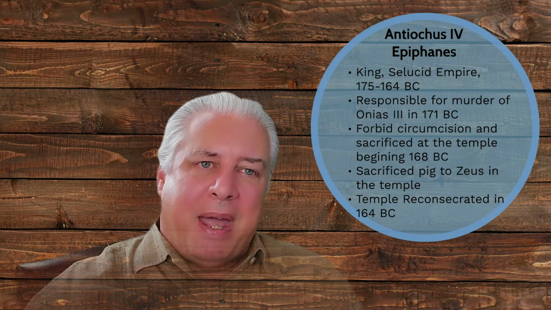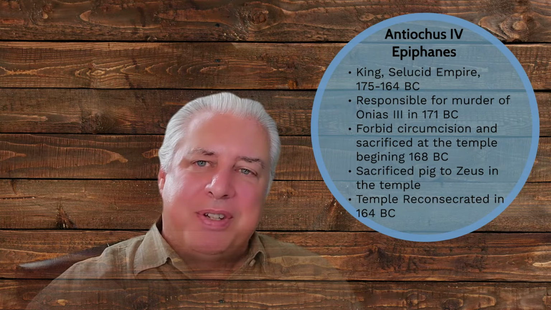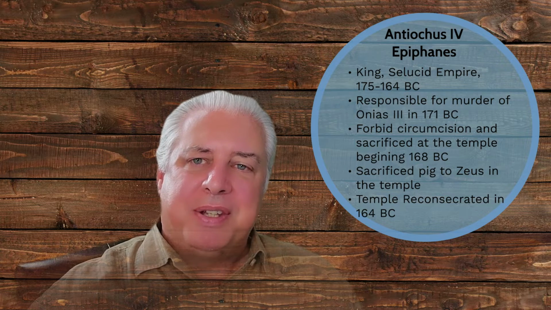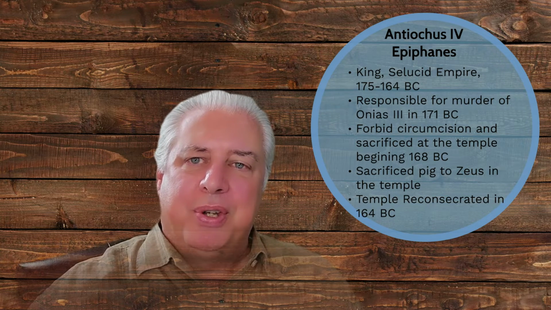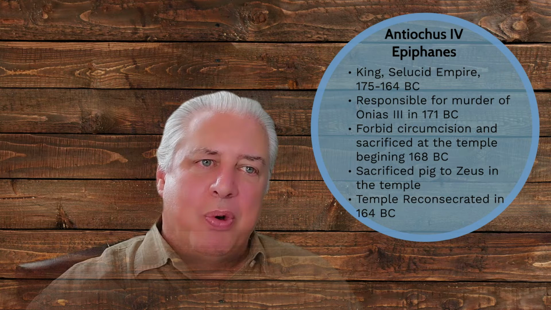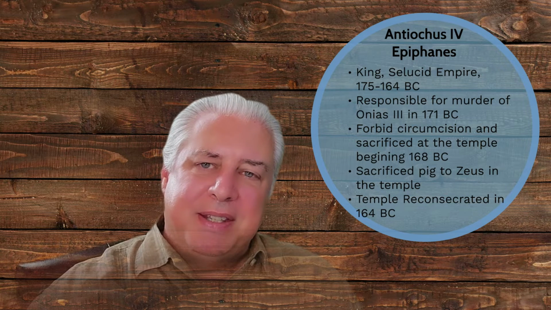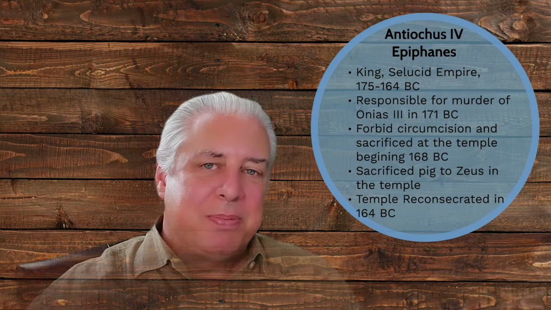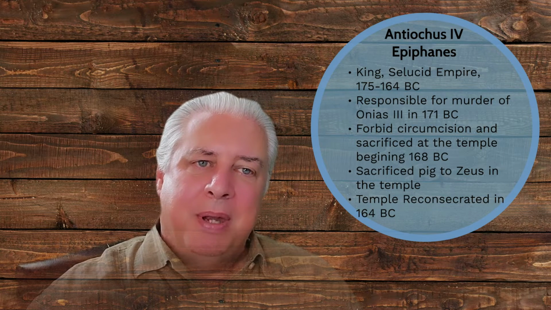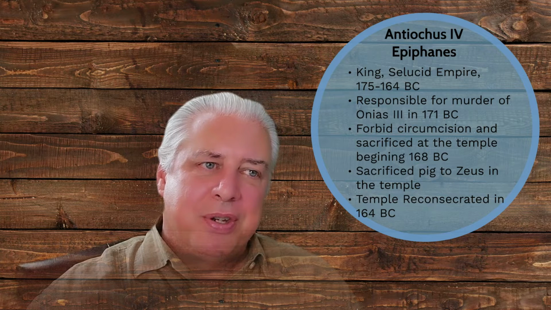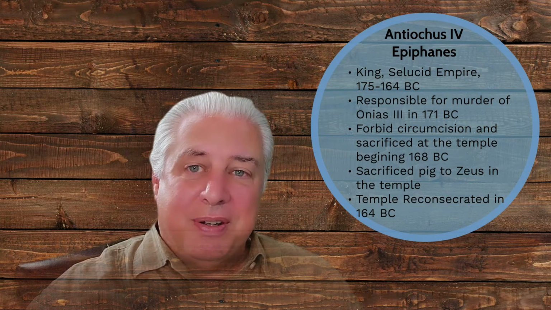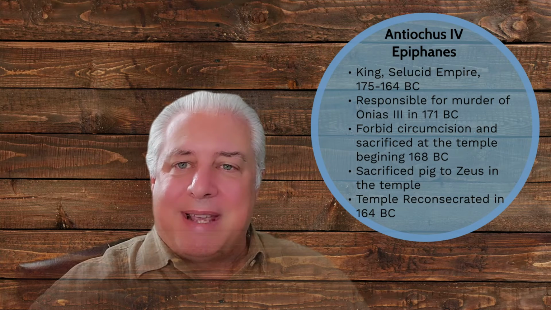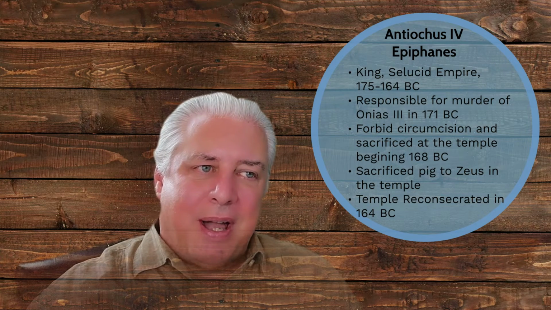And in retaliation for resistance in Judea, he actually begins to concentrate an effort of persecution on Judea and Jerusalem in particular. This is when he prohibits the sacrifices in the temple. He explicitly does this. He forbids the priests from performing circumcisions. He offers alternative sacrifices in the temple. There are stories of him bringing pigs and sacrificing them to the Greek god Zeus.